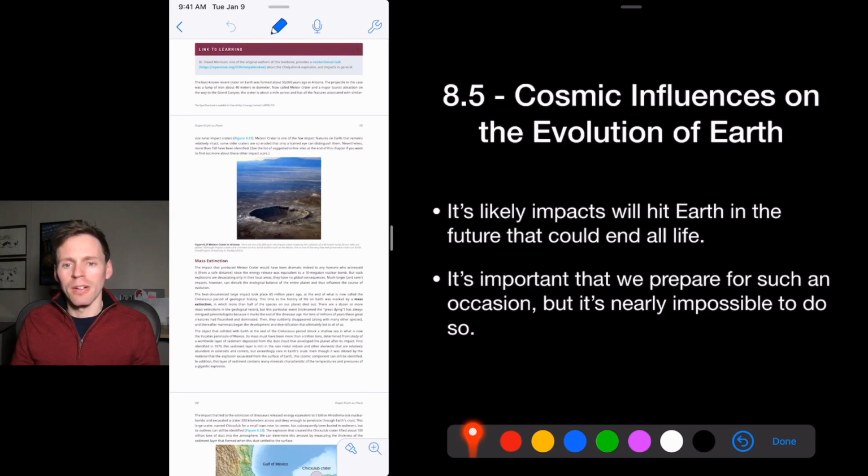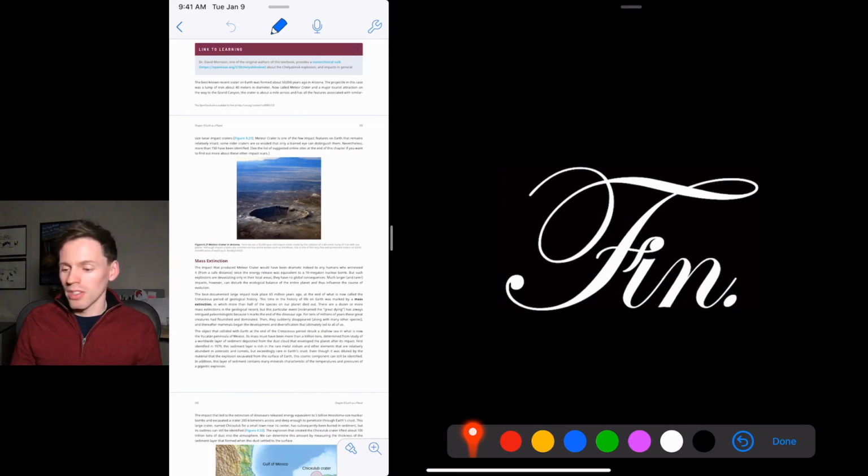Because asteroids are small, and you don't really tell that they are headed towards you until they are pretty much here, and you can't stop them. So, like the asteroid that killed the dinosaurs, I think we'd just have a few minutes of notice before we would see it coming our way. So, chew on that, because somebody's going to have to deal with that someday.